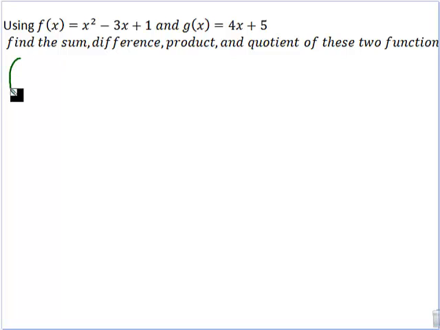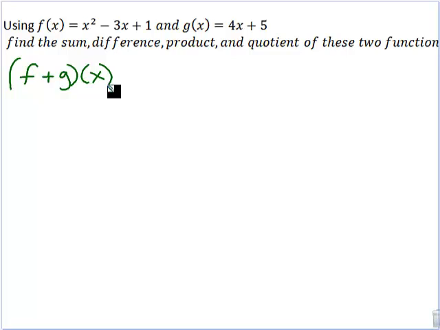So the sum, f plus g of x, we just write the f plus g in parentheses. That's telling us that we are going to add our two functions together. So we want to take a look at these two functions and see what our like terms are and combine our like terms. So if we have x squared minus 3x plus 1, and then we want to add 4x plus 5.